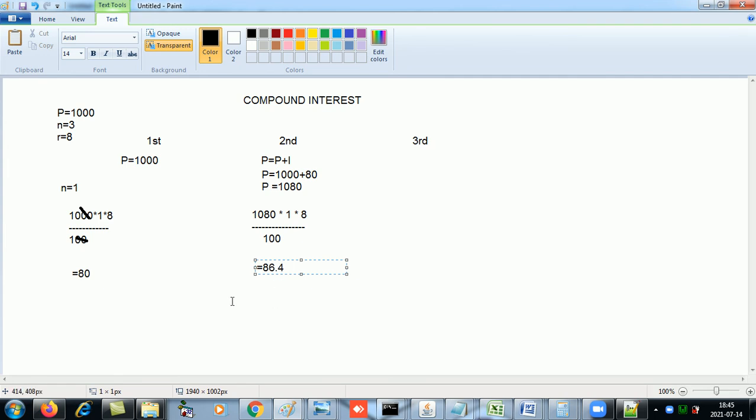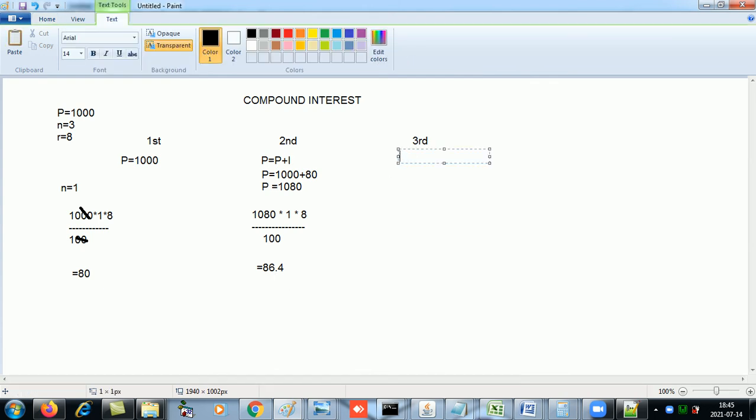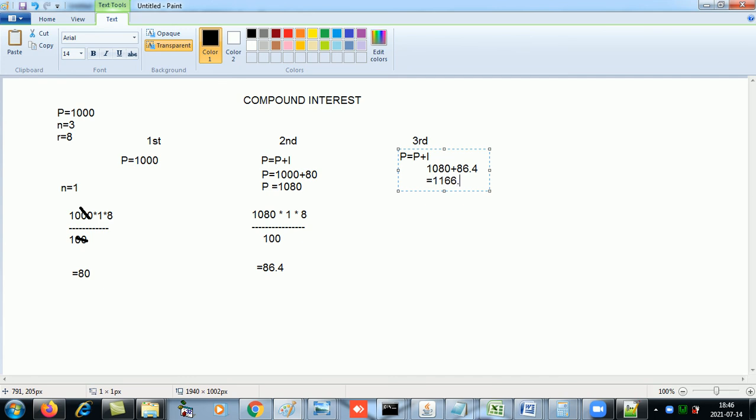Now if you remember, in simple interest the interest for every year was the same, but here the interest is varying because the principal has changed. What will be the principal for the third year? P equals P plus I, that will be 1080 plus 86.4, which is 1166.4.